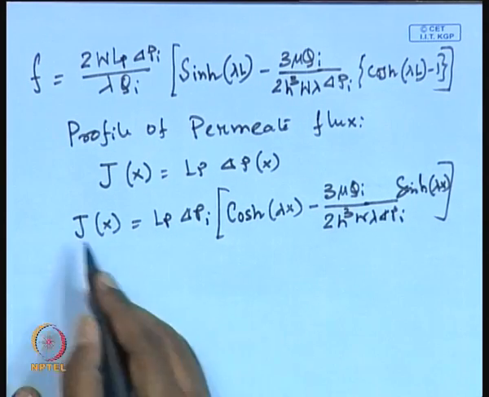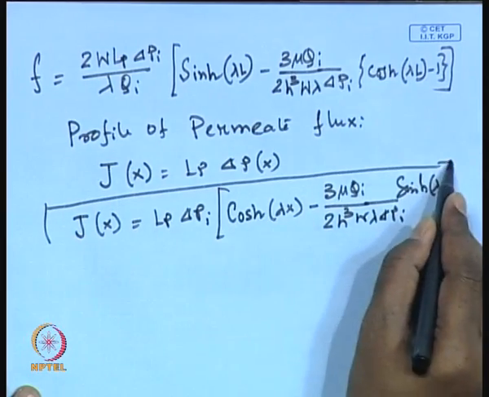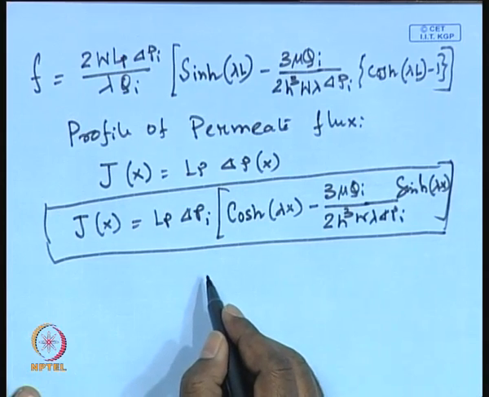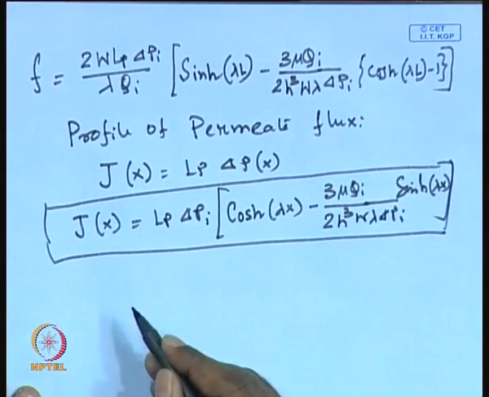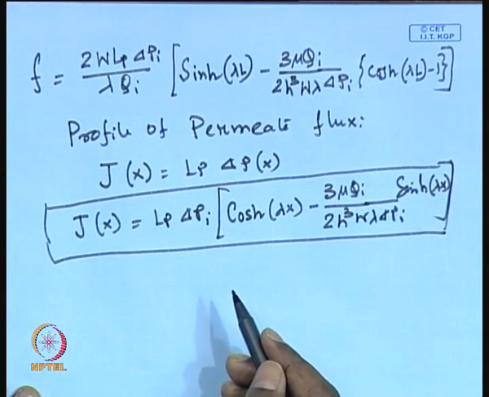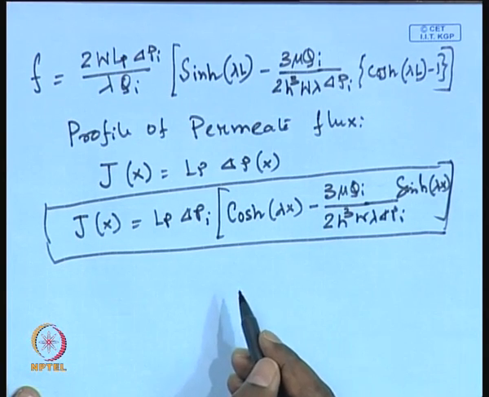So one can get the expression of how the permeate flux varies as a function of x in this case, and one can integrate it over the full length of the module to get the length-average permeate flux.